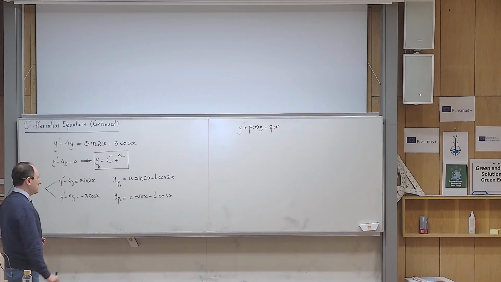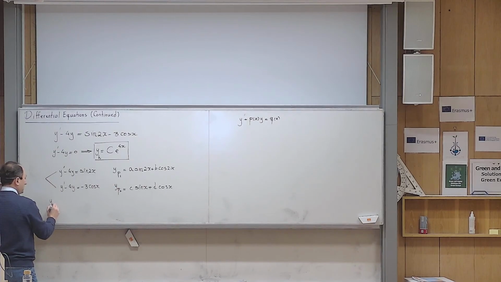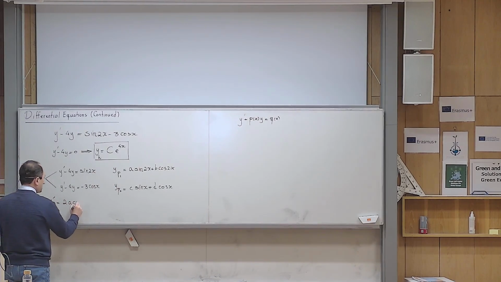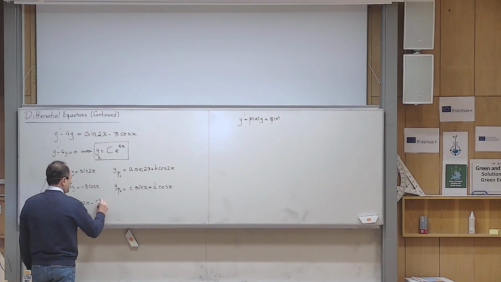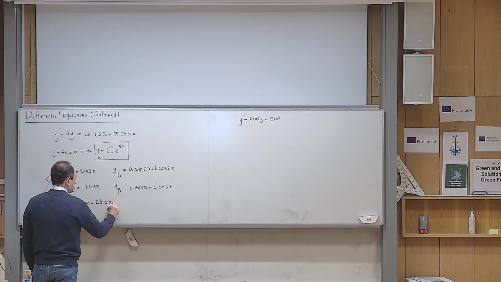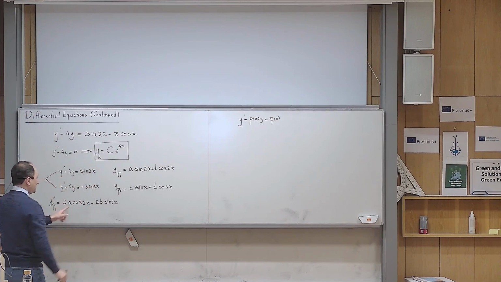So what should I do now? I take the derivative of this one for the first one, so yp1 prime is 2a cosine 2x, because of the chain rule there will be a 2 out, and then minus 2b sine 2x. I take this and put it in the first equation, where y is this, and fine-tune these a and b.